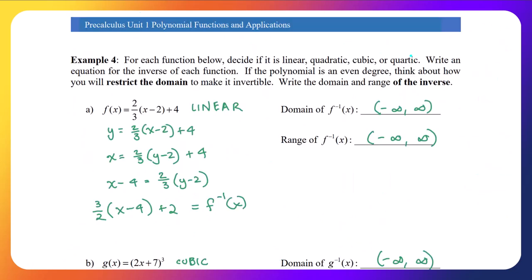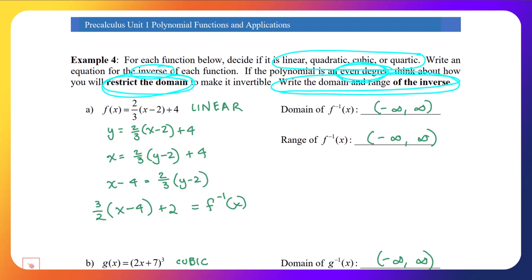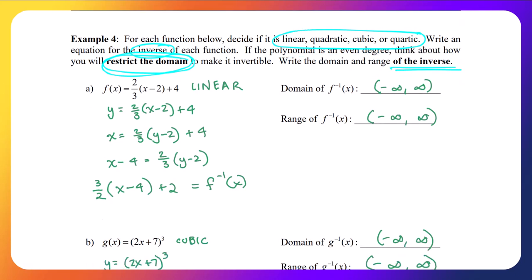For example 4, they want us to figure out what kind of function it is, find the inverse, and if it's even degree, we might need to restrict the domain. And we want to write the domain and range of the inverse. So as before, f of x becomes y, we switch x and y, and we solve for y.